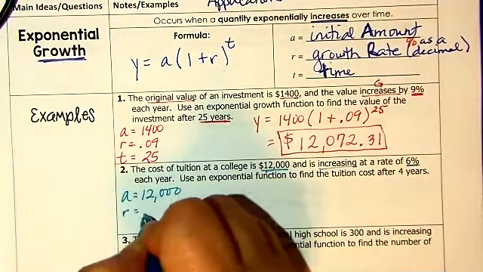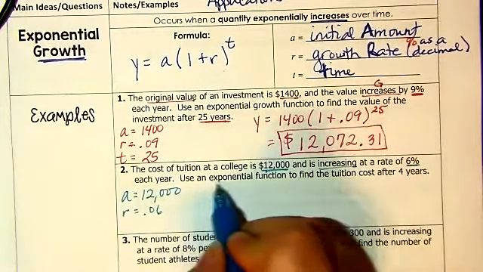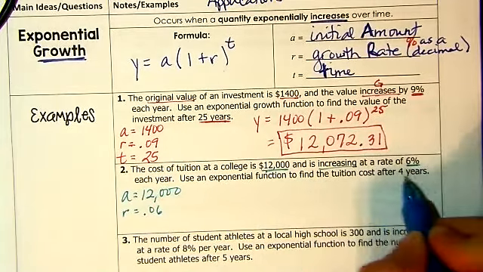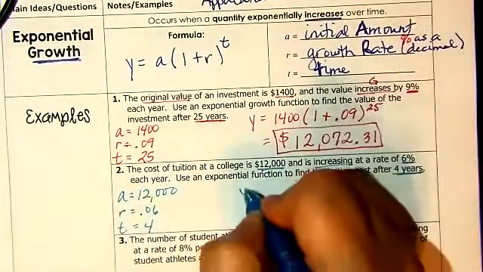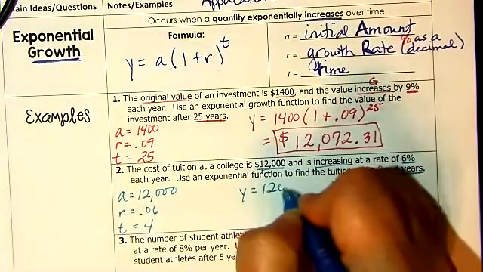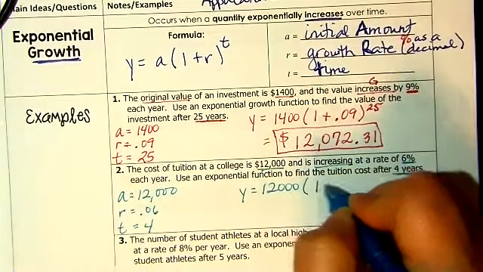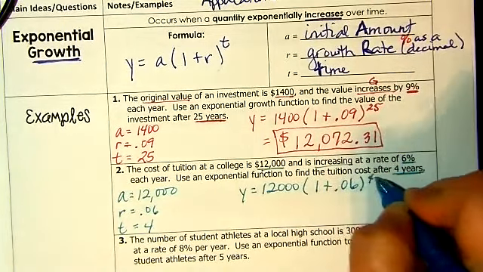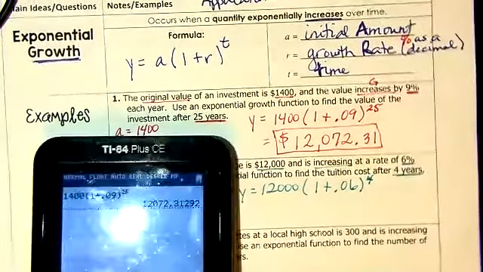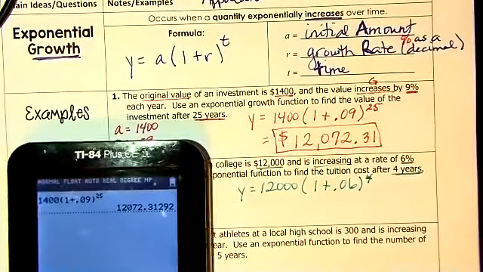So my R is going to be 0.06. Use an exponential function to find the tuition cost after 4 years. So my T is 4. So we plug in and I have y equals 12,000, open parentheses, 1 plus 0.06, close parentheses, raised to the 4. And we plug it in.